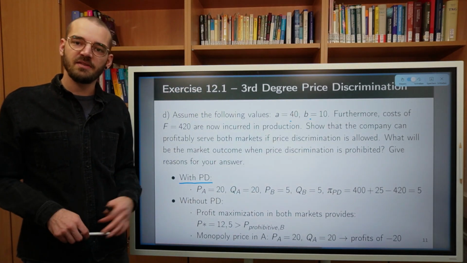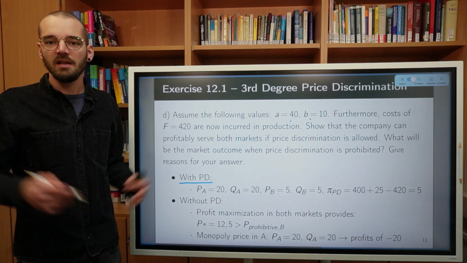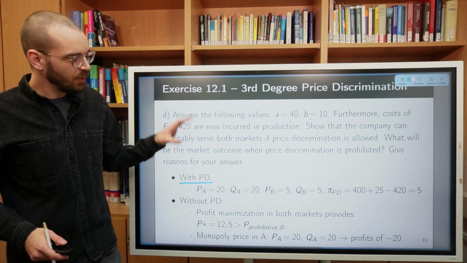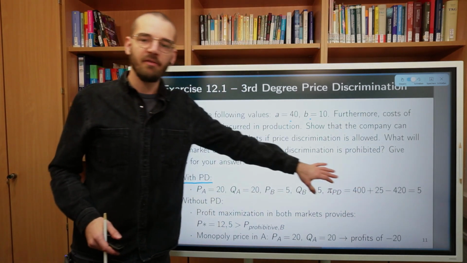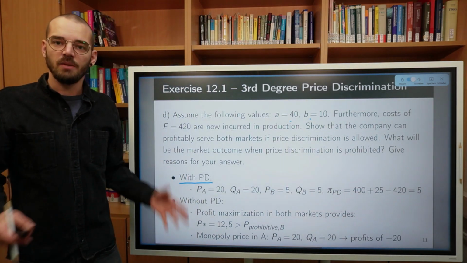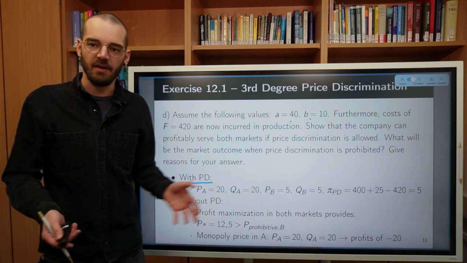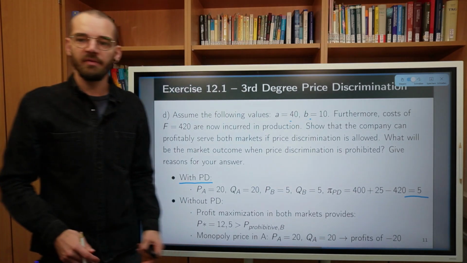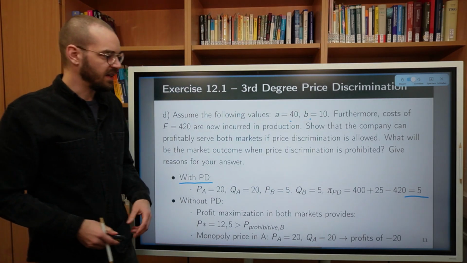Now, if the monopolist faces 420 units of currency as fixed costs, well then it is still profitable to engage in both markets and sell their product, right? Because there's still a positive profit at the end of the day.